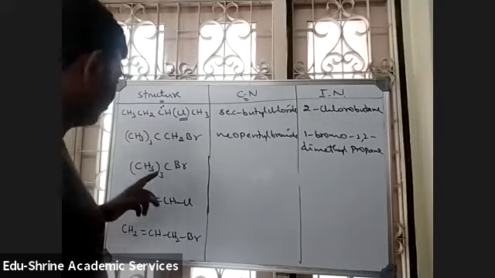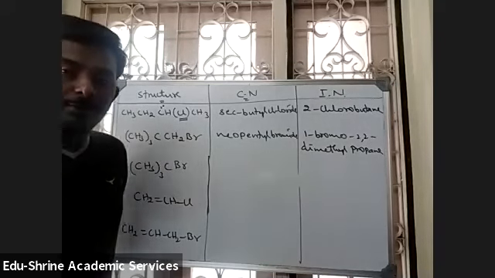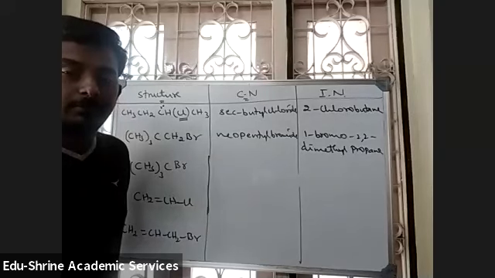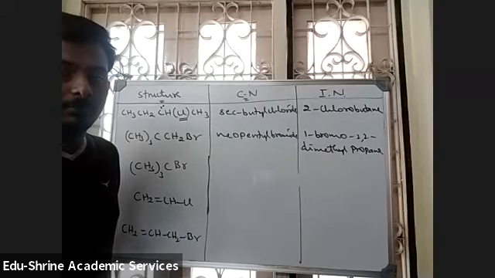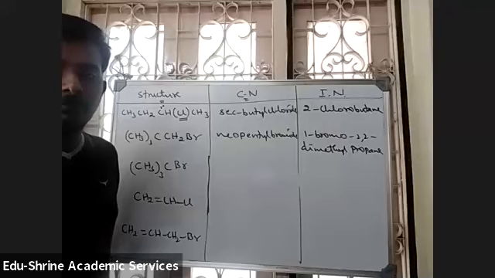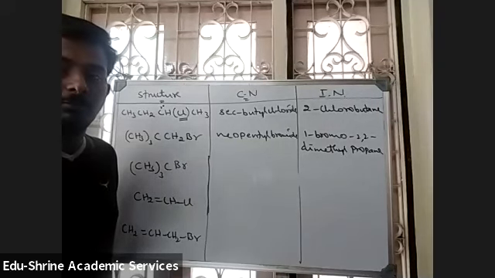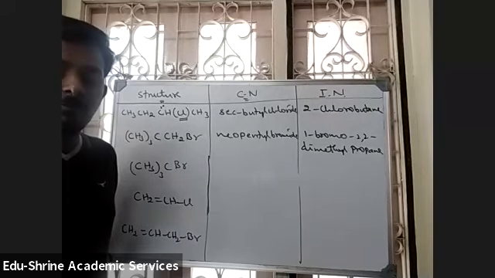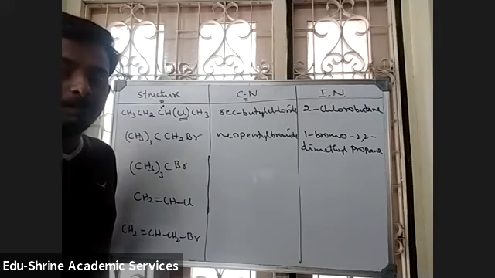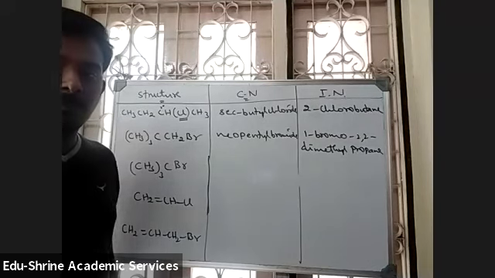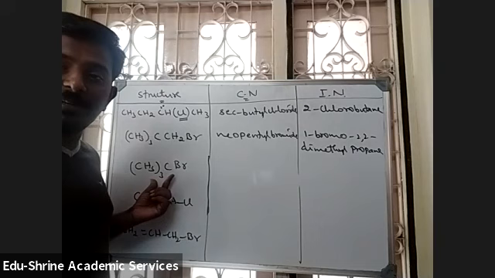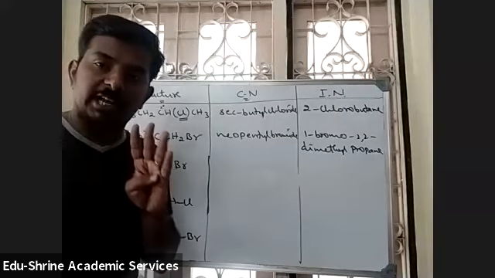Next one. What is the common name of this compound? Total how many carbon atoms are there, students? 4 carbon atoms.